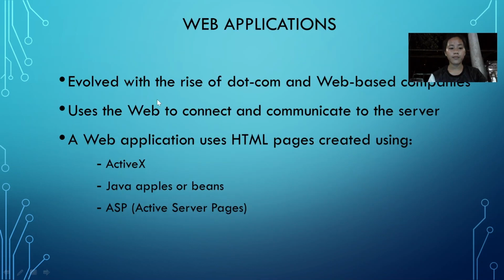Then next, web applications evolved with the rise of .com and web-based companies. It uses the web to connect communication to the server, and also web applications use HTML pages created using ActiveX, Java Applets, and Beans, and ASP, which is Active Server Pages.